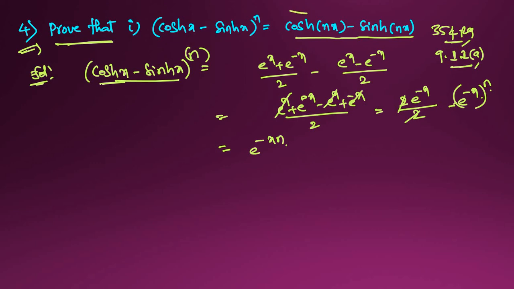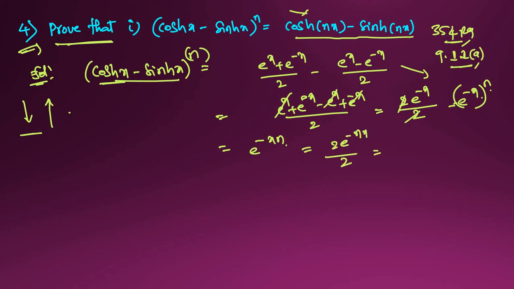And here what we have to show is cos h of nx minus sin h of nx. So how do we do this from up to down? Here we will do down to up. I will multiply with 2 and divide with 2, so nx divided by 2.